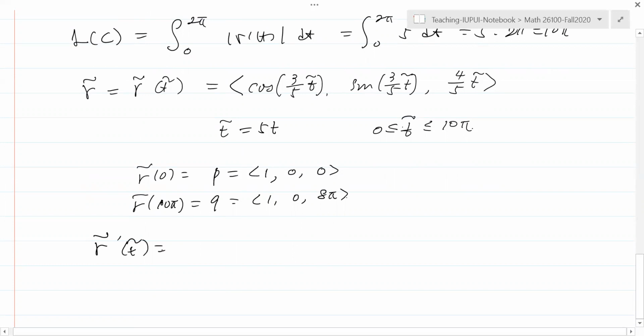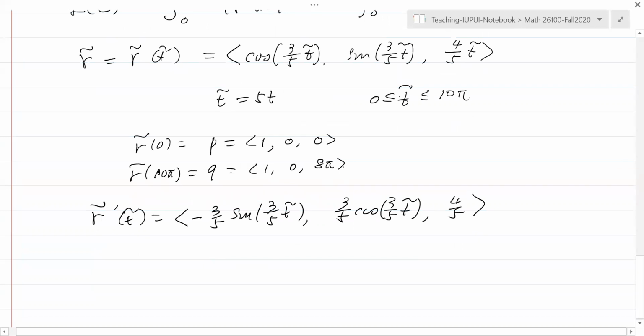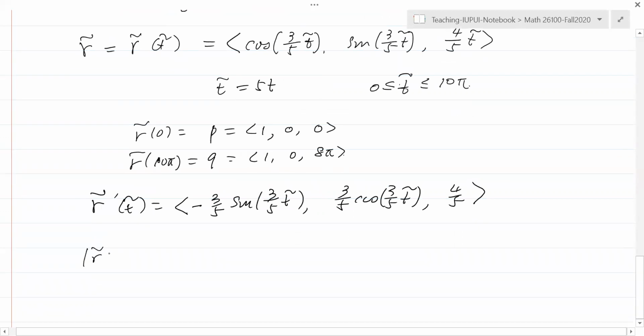When I differentiate by the chain rule, I get negative 3 over 5 sine of 3 over 5 t tilde, 3 over 5 cosine of 3 over 5 t tilde, and 4 over 5. Then you are surprised, the length is actually going to be 1.